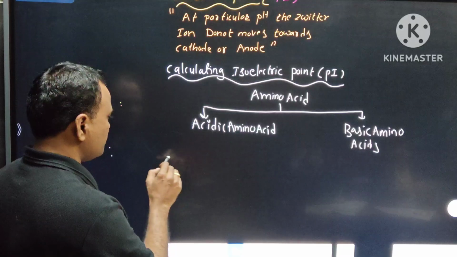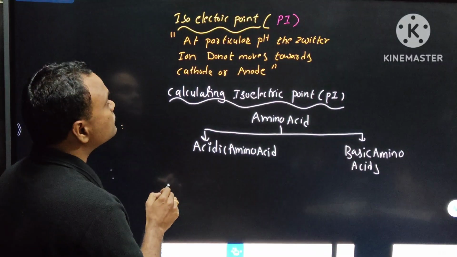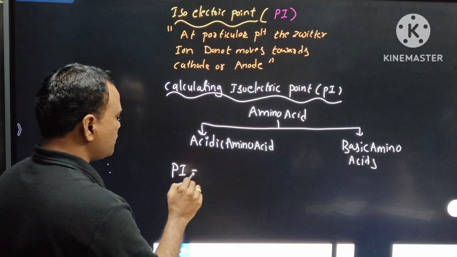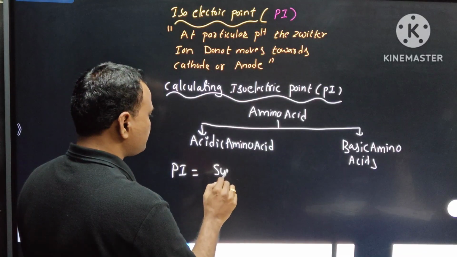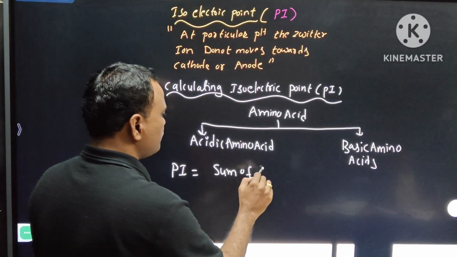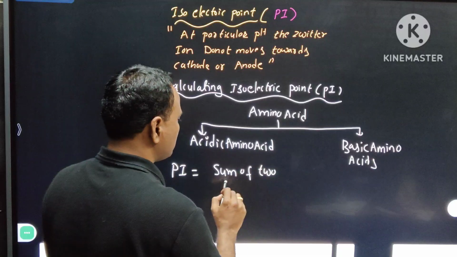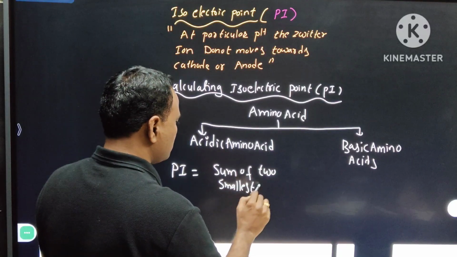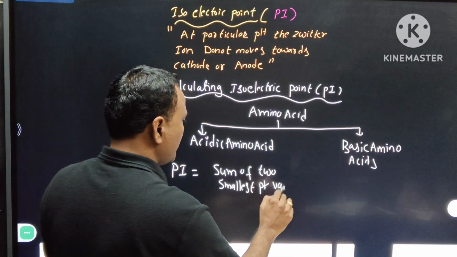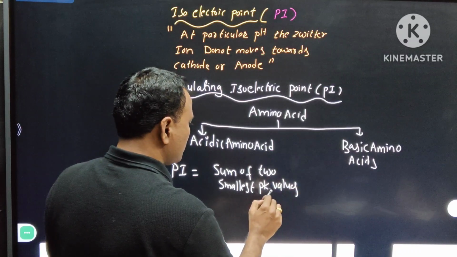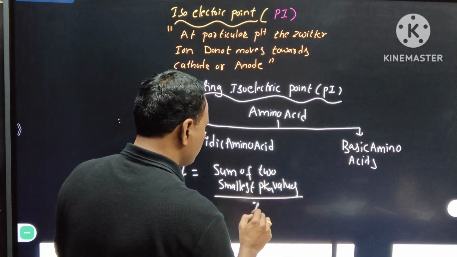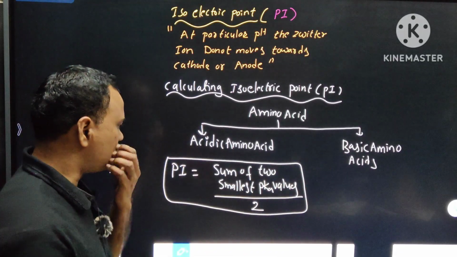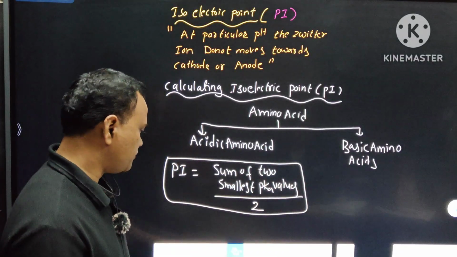In case of acidic amino acid, isoelectric point pI is equal to the sum of two smallest pKa values divided by 2.